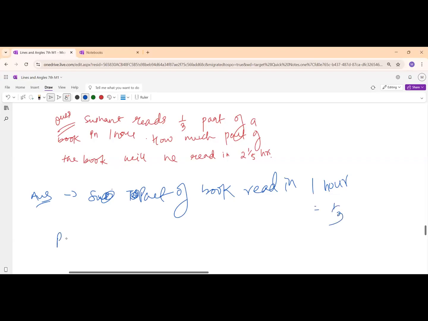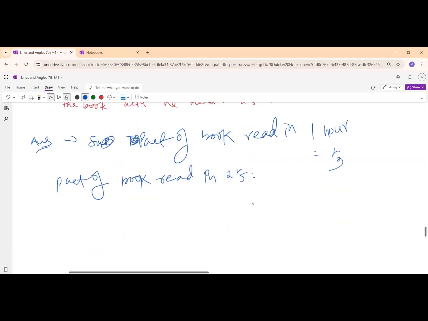So the part of the book read in 2 1 by 5 hours, we have to multiply 1 by 3 into 2 1 by 5. So to multiply, first convert this into an improper fraction. The improper fraction for this one would be 11 by 5. Okay, so now just multiply them.